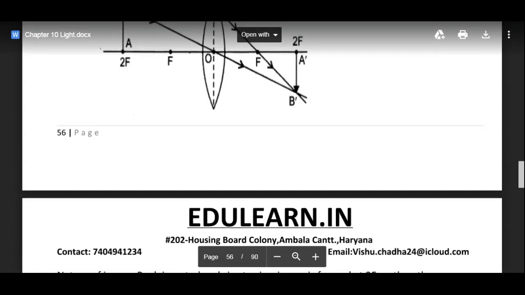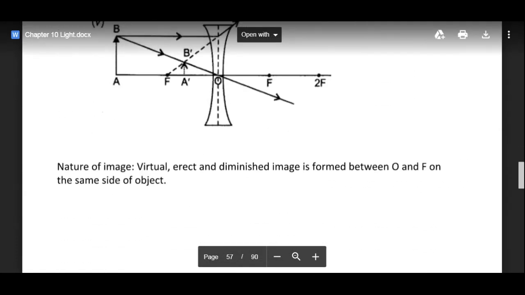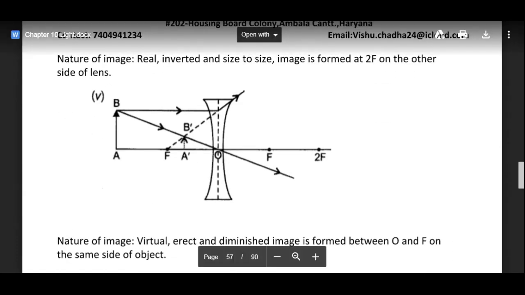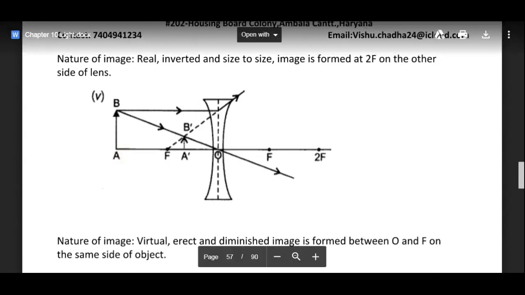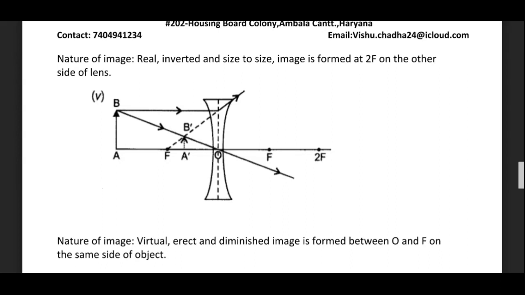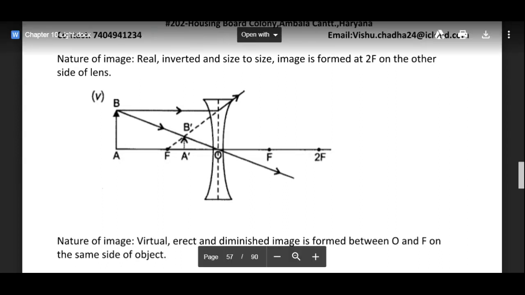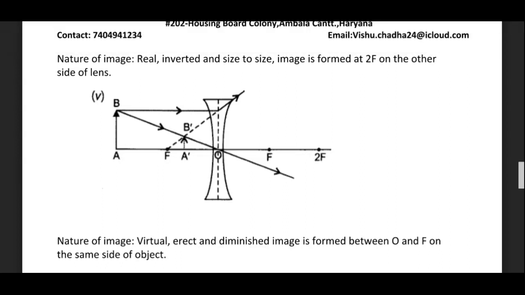Now in front of a concave lens. This is a concave lens, and in front the object is kept over here. One ray is going parallel to the principal axis. It will diverge like this because this is also called a diverging lens, and when we extend that ray backward, it will pass through the focus, because rays parallel to the principal axis always pass through the focus.